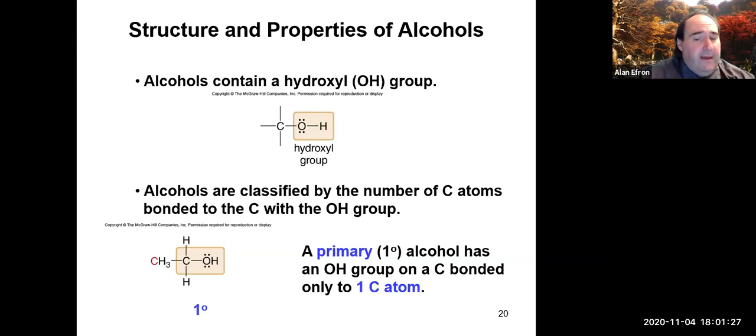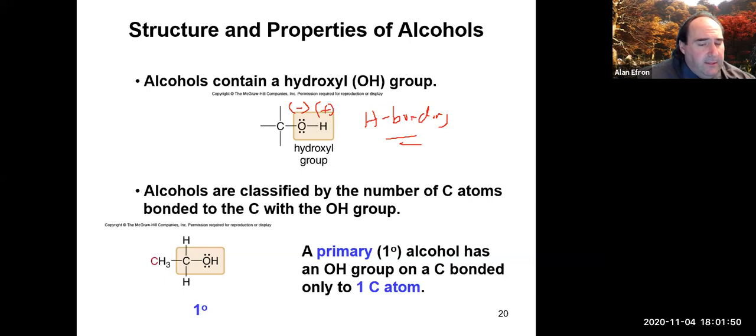Alcohols, again, have that functional group of the OH. Again, it is a polar group, negative and positive. That negative and positive allows it to do some hydrogen bonding. As we talked about in discussion as well, we can classify our alcohols as primary, secondary, or tertiary.